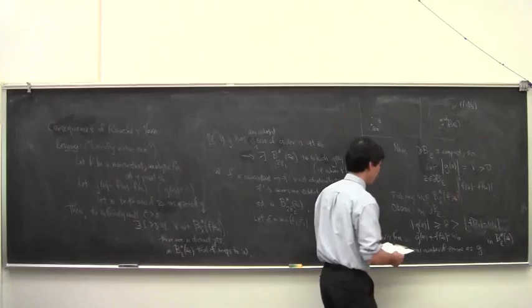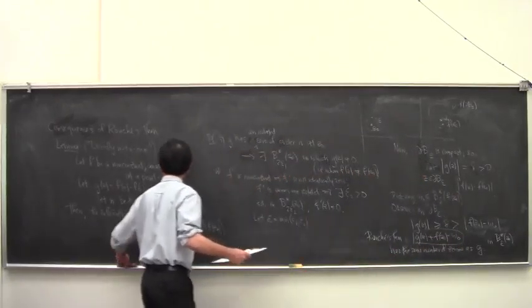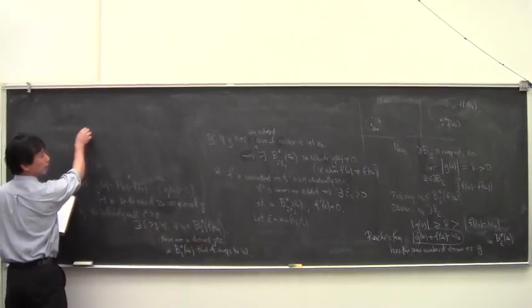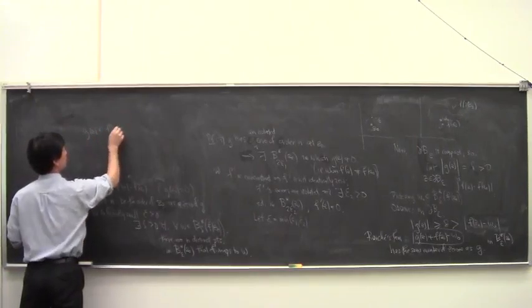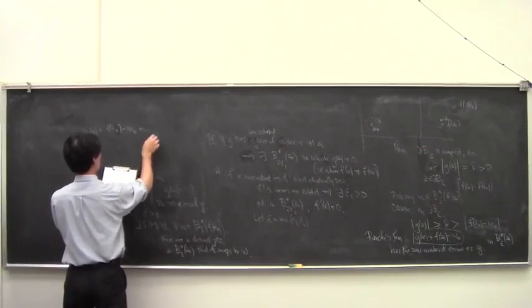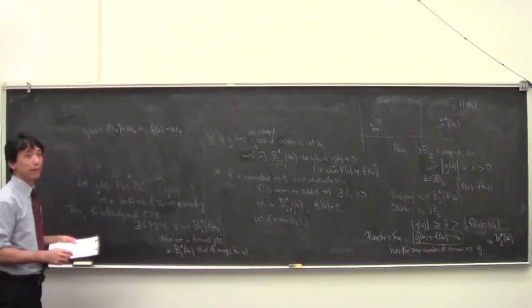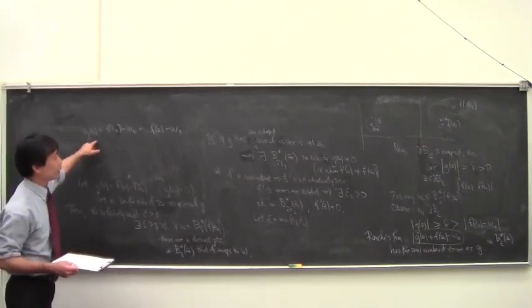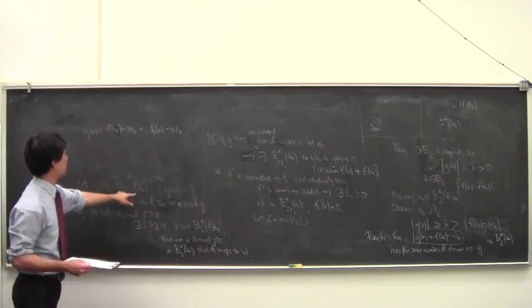So what does that tell you? Well, what is this? g of z plus f of z naught minus w naught. Well, that's f of z minus w naught, because remember what g of z was. g of z is f of z minus f of z naught.